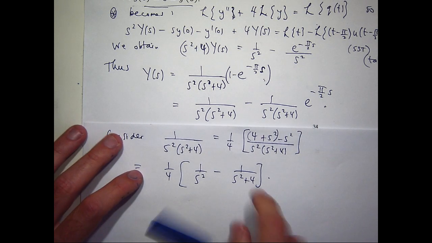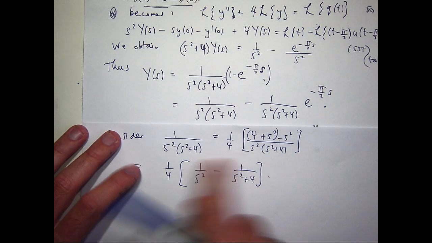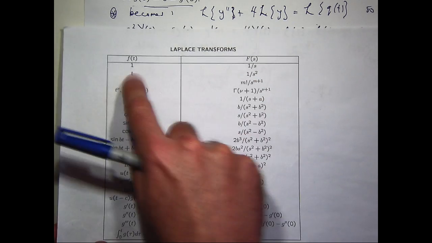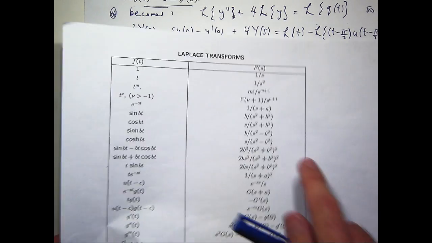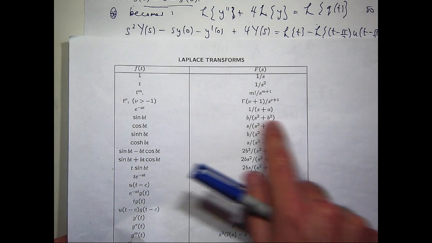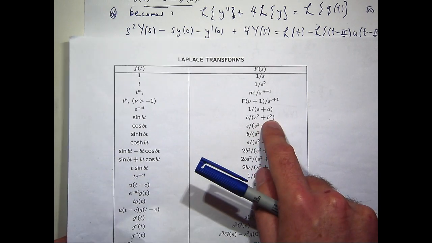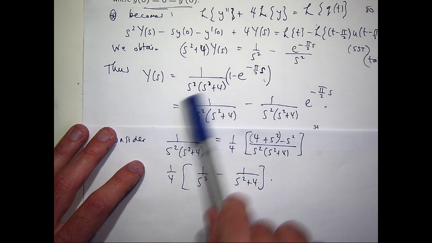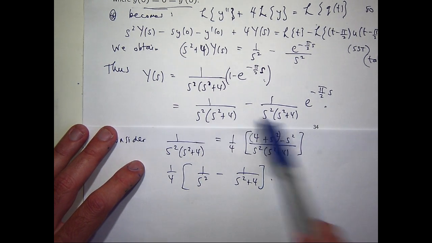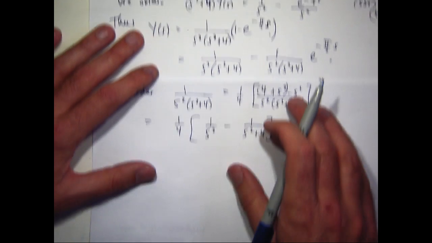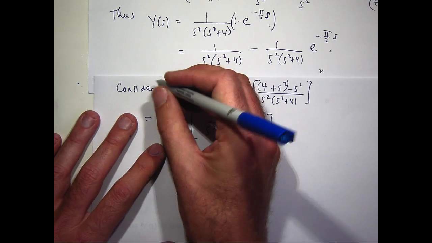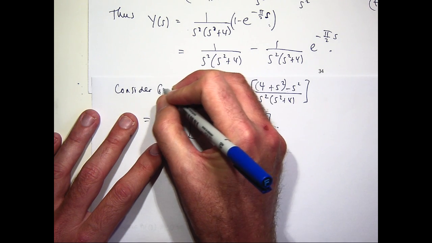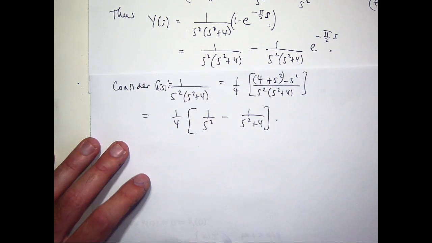Okay, so we want to take the inverse transform of these. Well, I can find the first one there, and the second one is going to be something like sine. So now I have it in a suitable form. To take the inverse transform there, that's no worries. Here I want to use the second shifting theorem. So let's just call this, I don't know, g of s or something.